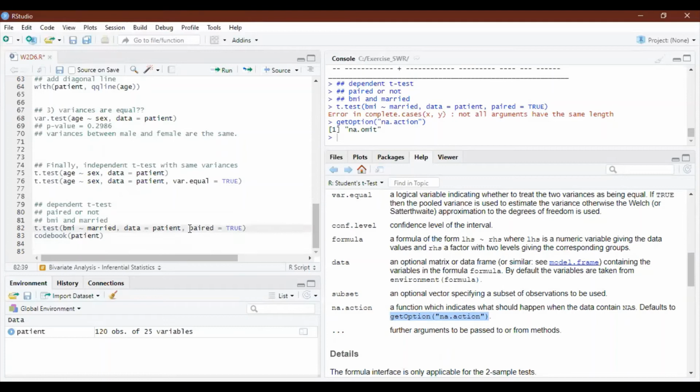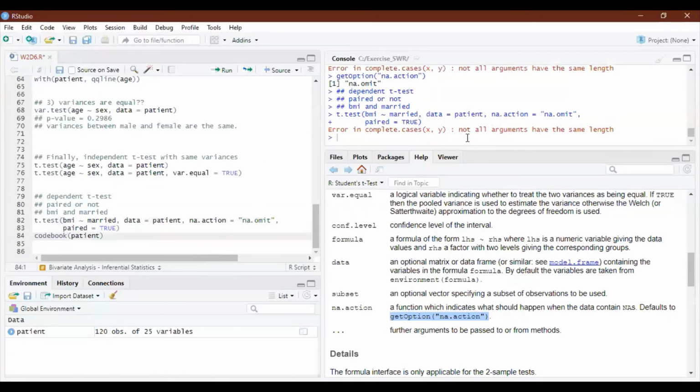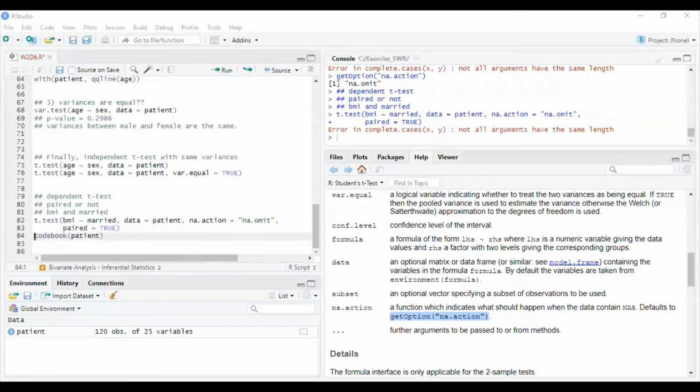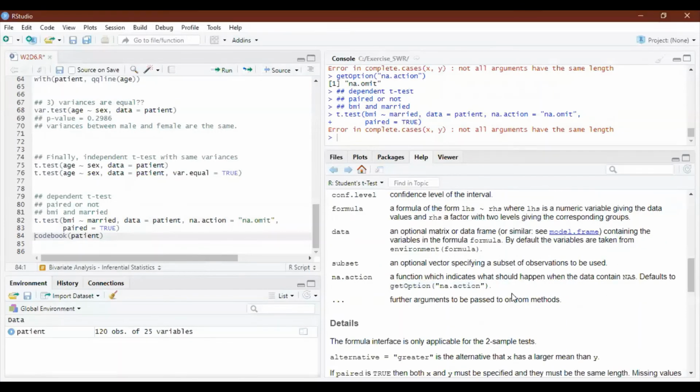So what we have to do is na.action is equal to, we have to say na.omit. Okay, we have to remove the NA value. Still it's not working.